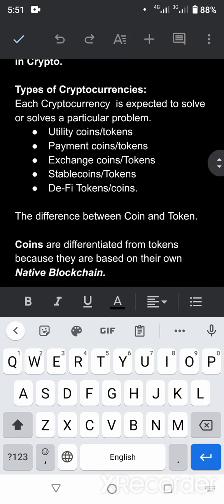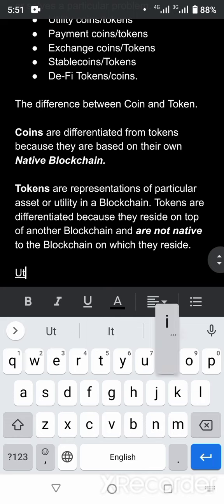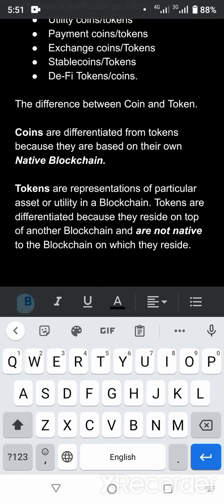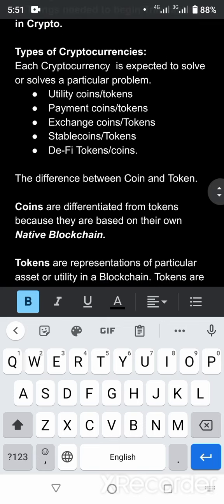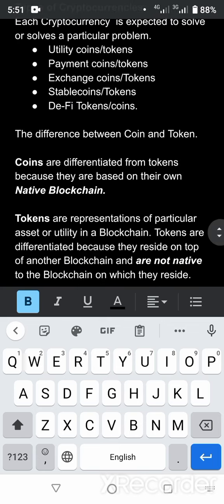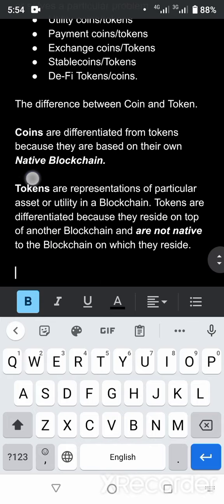Now, going into the types of cryptocurrency proper, without much ado, utility tokens. Yeah, I've listed them out here: utility coins or tokens, payment coins or tokens, exchange coins or tokens, DeFi coins or tokens. Now, all right, utility.